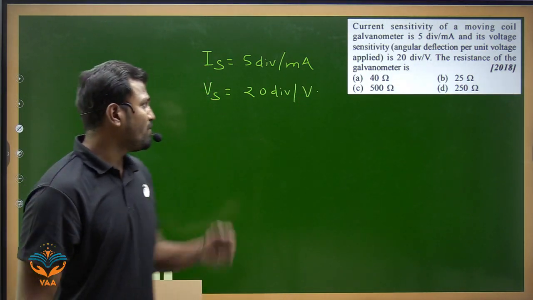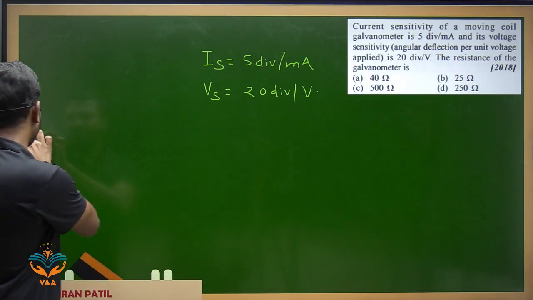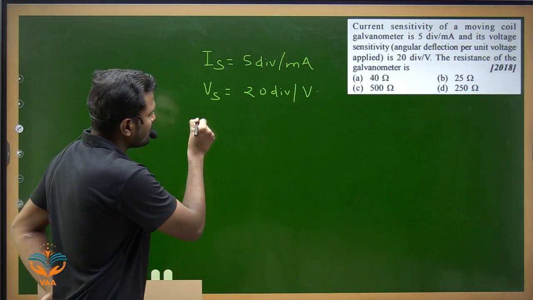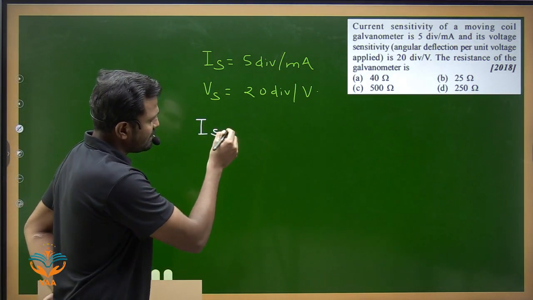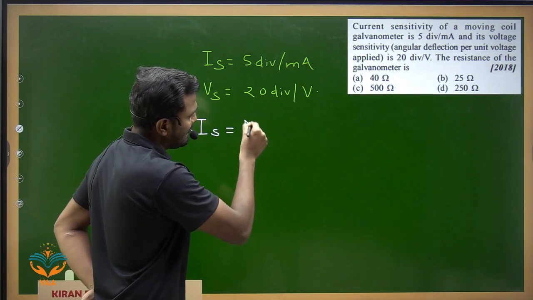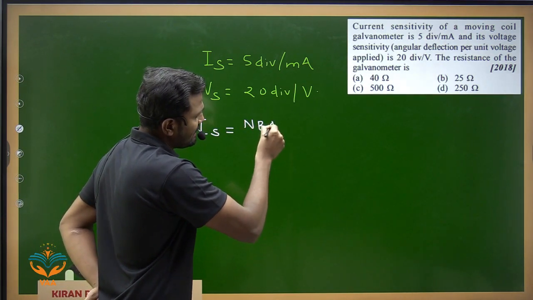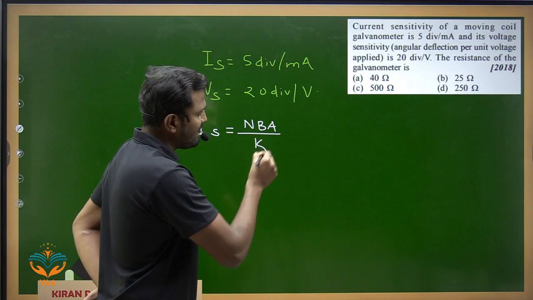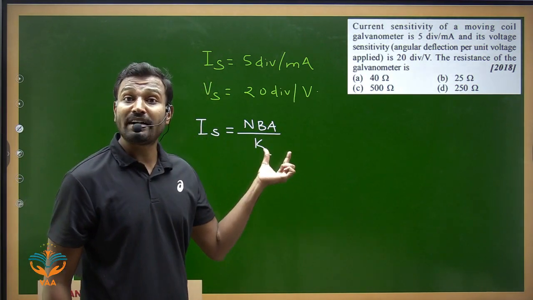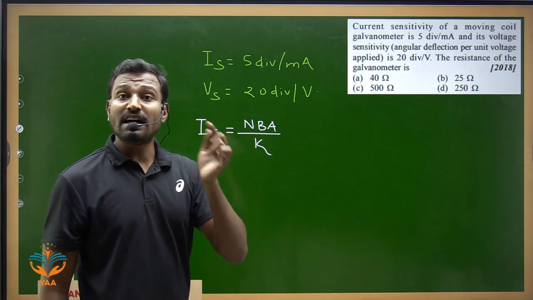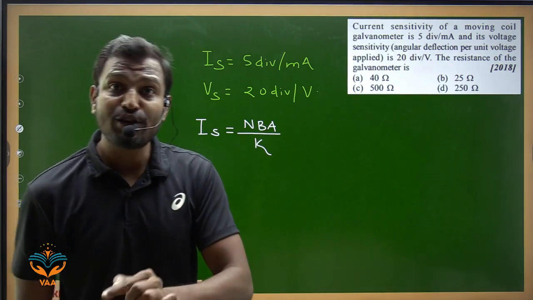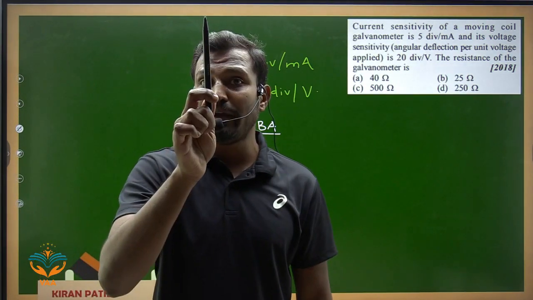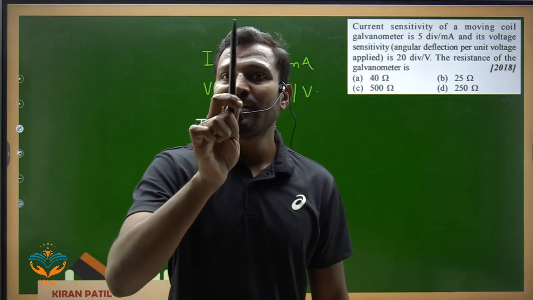No problem. We know that the current sensitivity IS is written as NBA divided by K, where K is the figure of merit. Figure of merit means the amount of current required to deflect the needle of the meter by a single division.